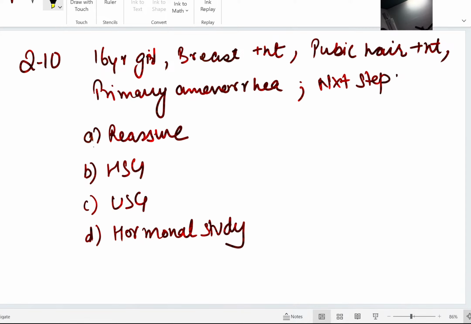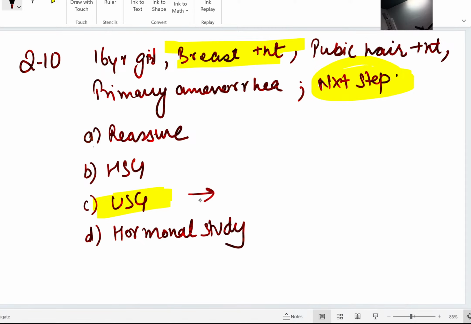They are telling that breast is present and hairs are present. The answer is the next step. Next step will always be ultrasound. And what next will you do, beta?